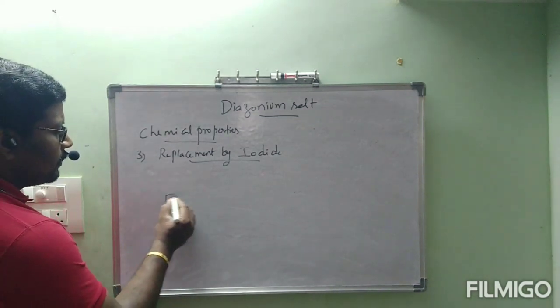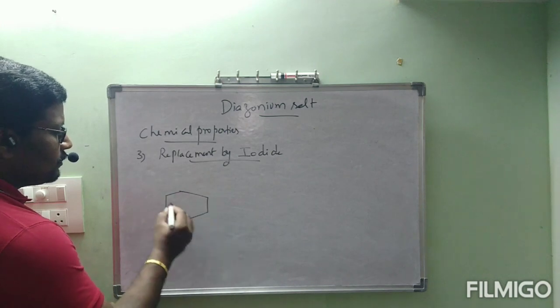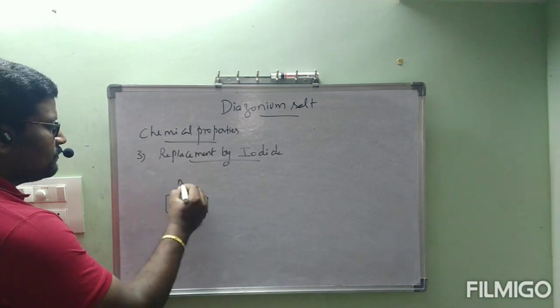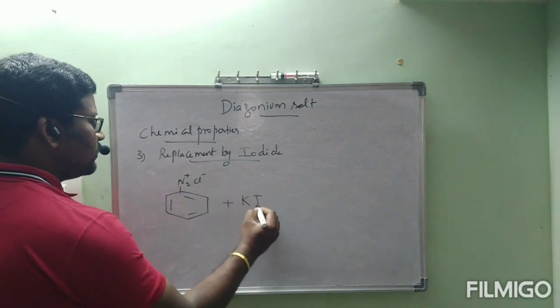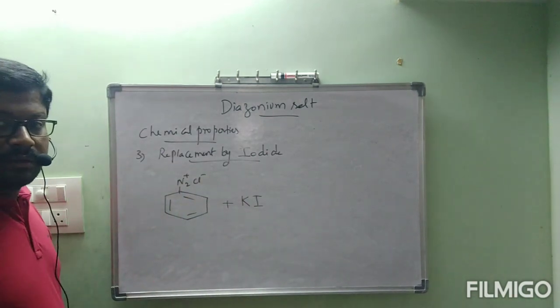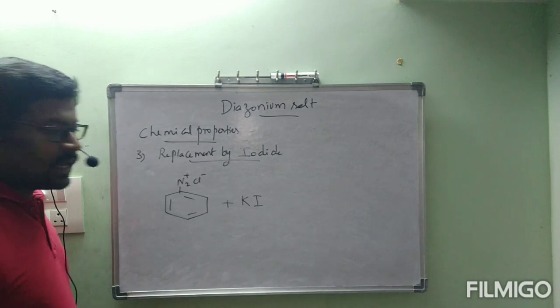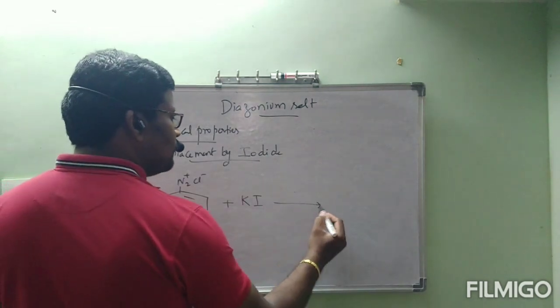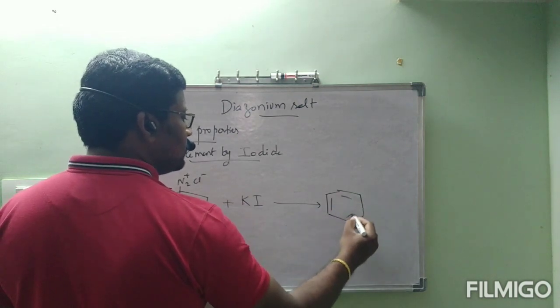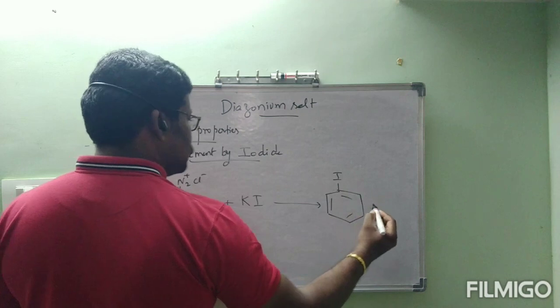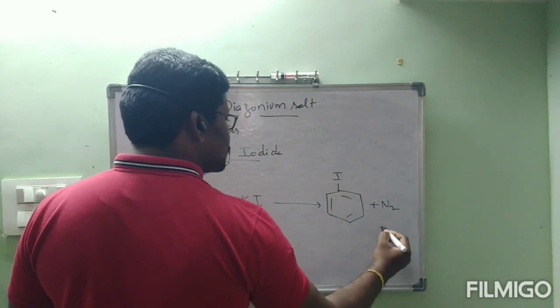Now let us see. Benzene diazonium chloride, C6H5N2+ Cl-, will react with KI, potassium iodide. We will get iodobenzene plus N2 plus KCl.